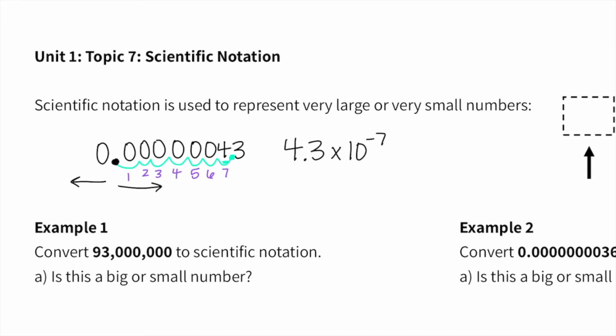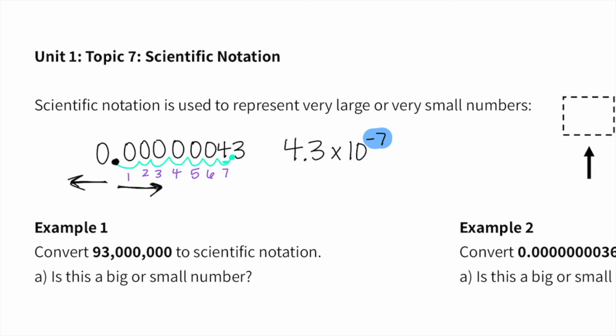When we're writing smaller numbers in scientific notation and we're moving the decimal to the right, the exponent is going to be negative. When we have very large numbers and we're moving the decimal to the left, we're going to have a positive exponent.